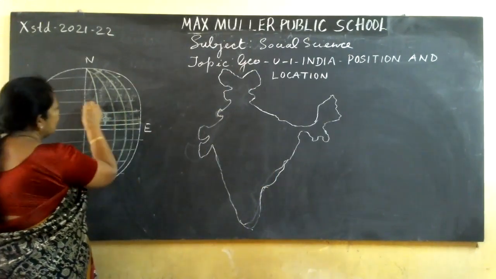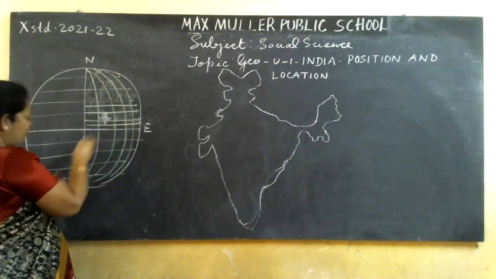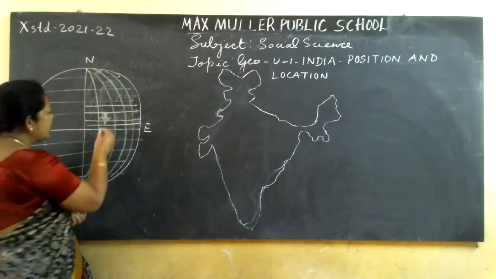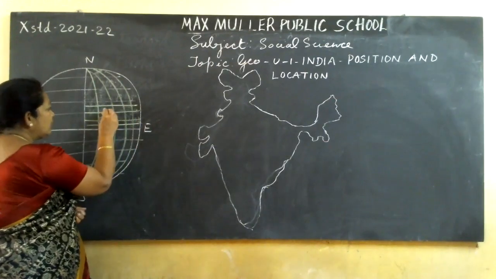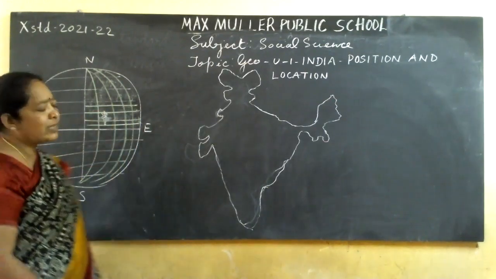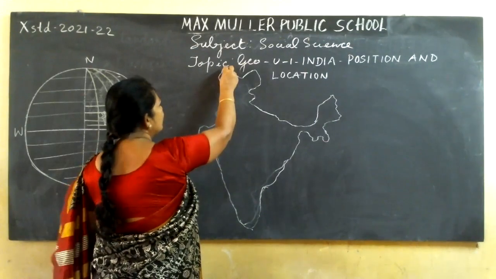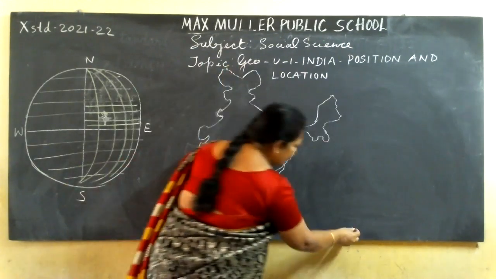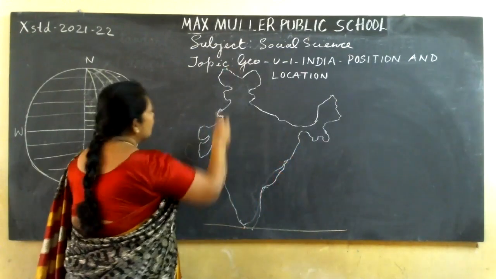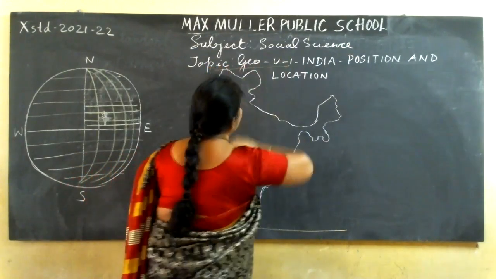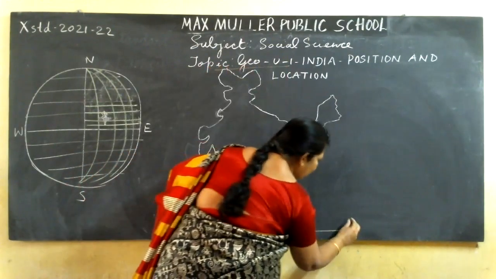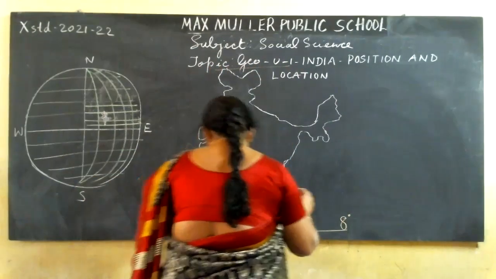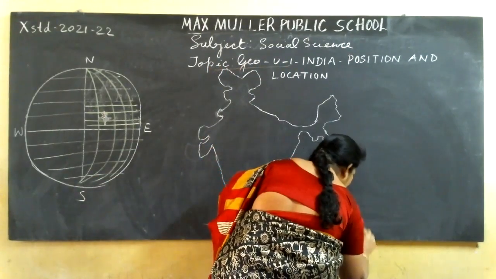So India on the earth, from this latitude to this latitude, what is the latitudinal extension? From here, it is 8 degree 4.